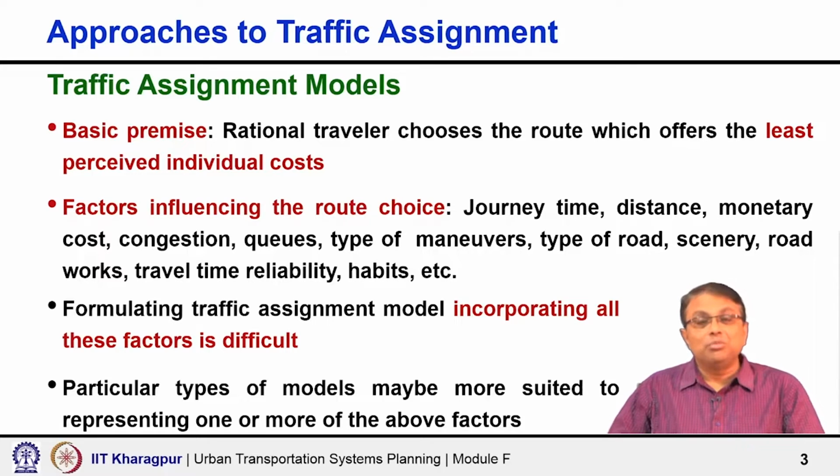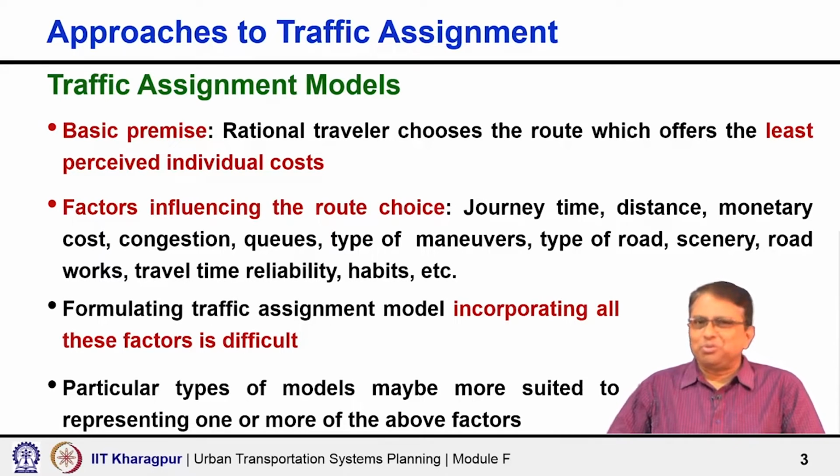There is also travel time reliability, because travel time is not the same every day; we may not experience the same thing. So, some people may consider the average travel time, some may put even more weightage on travel time reliability. All such things will influence the route choice decision.